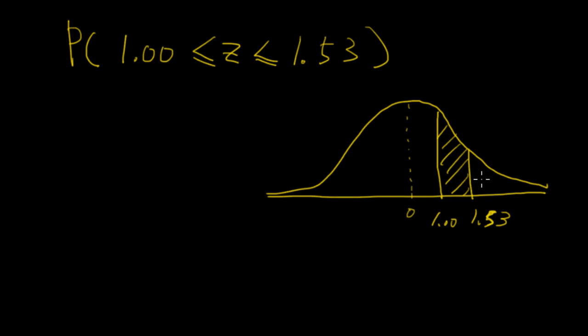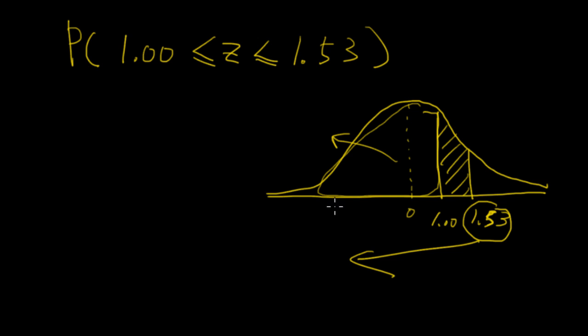So how do we find this area? Well, what you do is you find 1.53 to the left first, the whole area right here, and then from that you find 1.00 to the left. You find this area and you take it out. So from the whole thing, if you take out this, then you're left with this area, right? So let's find how much that would be. 1.53 to the left.